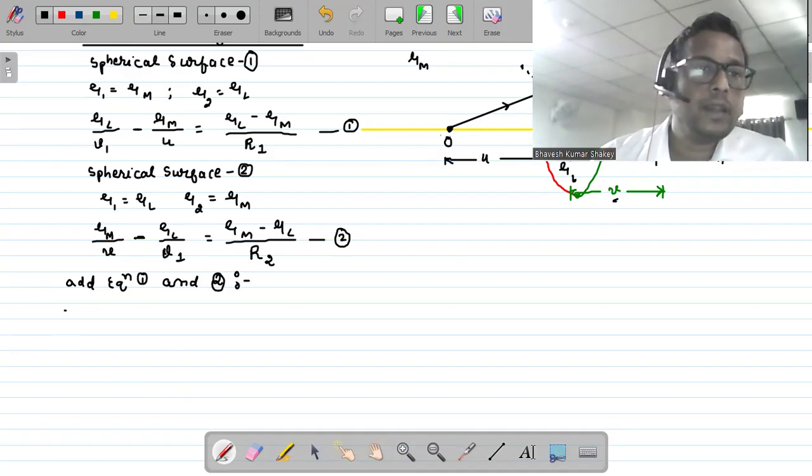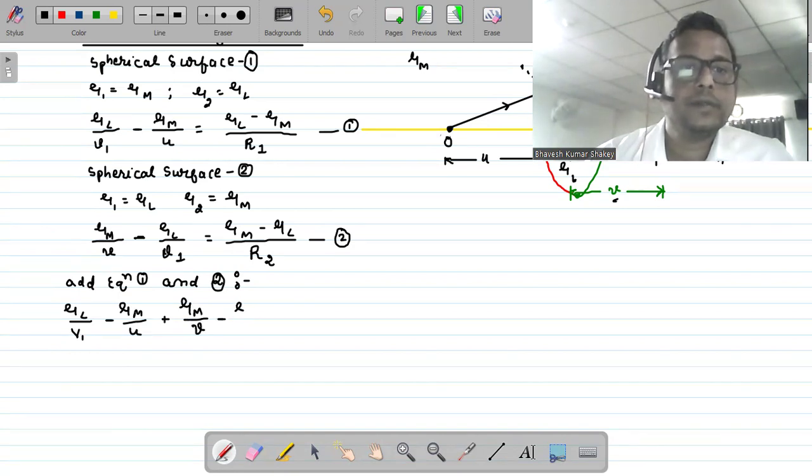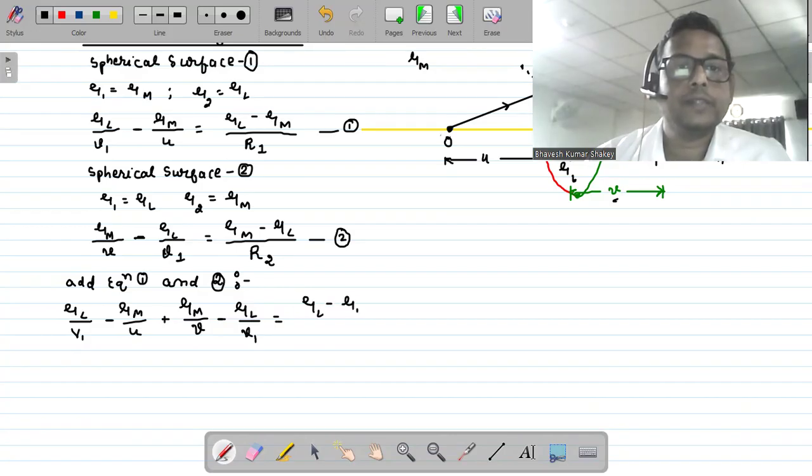So we get mu L divided by V1, minus mu M divided by U, plus mu M divided by V, minus mu L divided by V1, is equal to (mu L minus mu M) divided by R1, plus (mu M minus mu L) divided by R2.